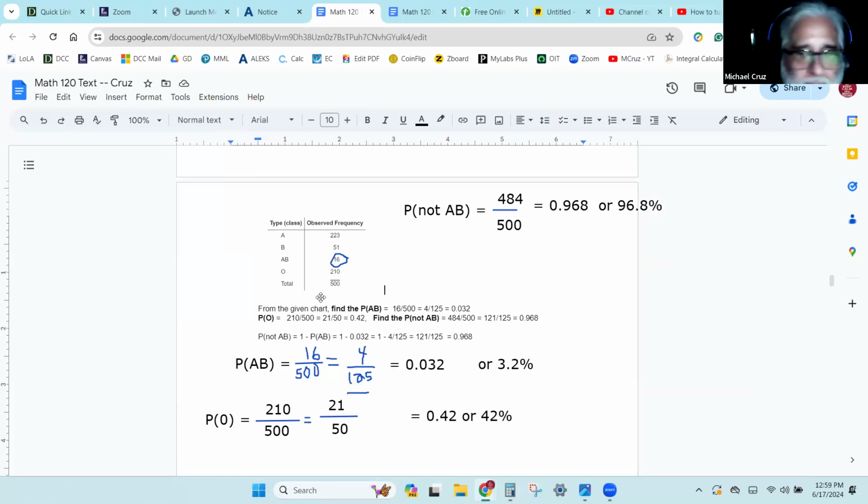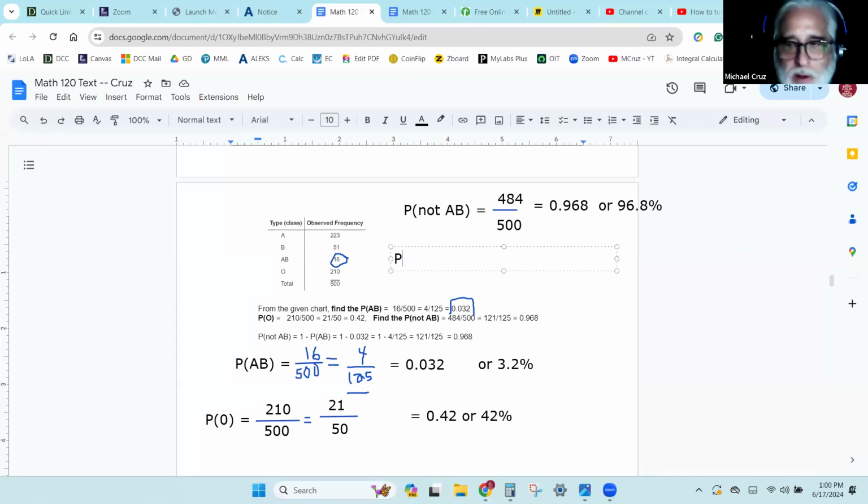All right. So what I need is the probability of AB. I already know that because I already did it up here. See? Here's the probability of AB. Okay.